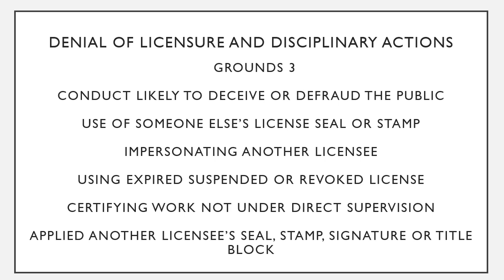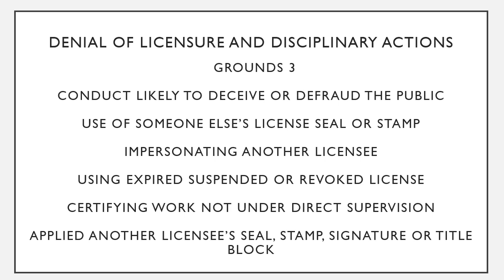This third page of grounds for denial of licensure or disciplinary action reiterate many of the aspects of practicing our professions which we've addressed in preceding sections, so we'll briefly just read through these.